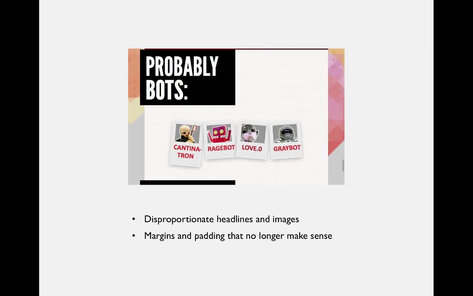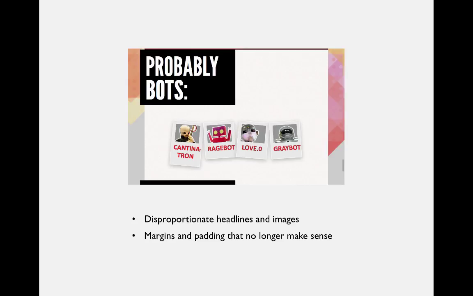On a different part of that website, you're going to see that as we get it smaller, some of the things become very disproportionate. So the text where it says probably bots, which is a headline, becomes disproportionately large. Even though we are now using ems, we still probably need to make some adjustments. Likewise, margins and padding no longer make sense, even though we're using percentages to help adjust those widths on our left and right padding and margins.